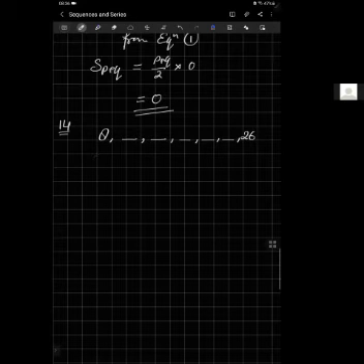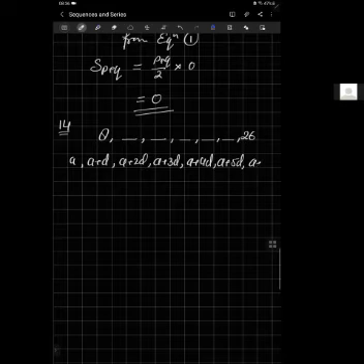So the first term I could say A, the next terms will be A plus D, A plus 2D, A plus 3D, A plus 4D, A plus 5D, A plus 6D.